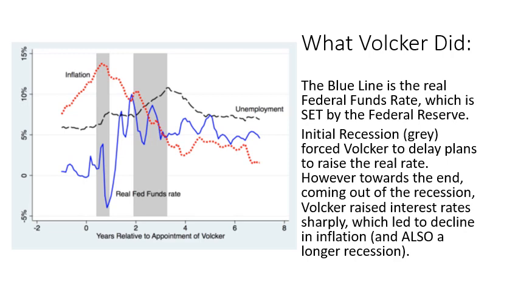But then he raised the interest rates from a negative value to about 7%, a very high rate, and this led to a decline in inflation, which was gradual and continued, but it also led to recession, as economic theory tells us.